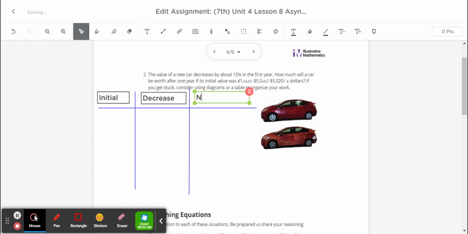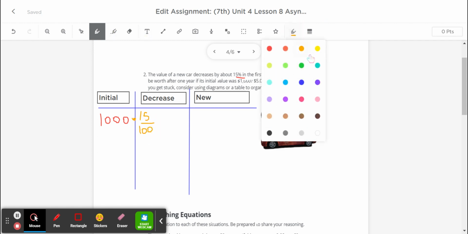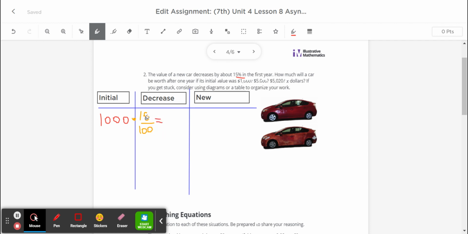So for example, let's say that I start with $1,000. If I start with $1,000, I know that I am decreasing in value by 15%. And so we already know that to find 15% of $1,000, I'm going to need to multiply times 15 over 100, which means that my decrease, the amount by which my $1,000 went down, is $150.